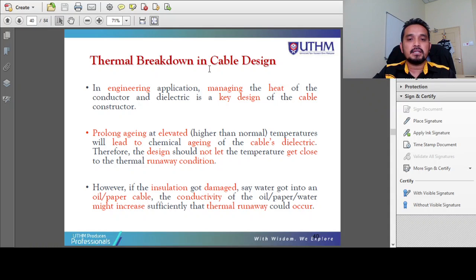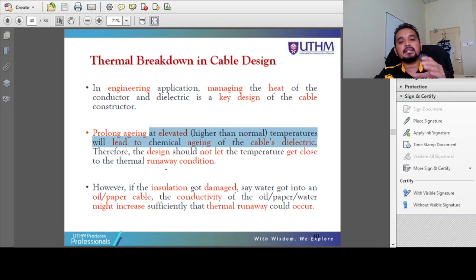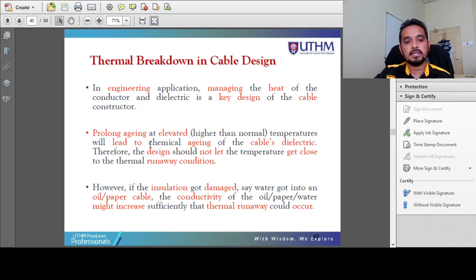Thermal breakdown in cable design. As I mentioned, prolonged aging at elevated temperature, meaning the material is constantly at a higher temperature, will lead to chemical aging, and therefore the dielectric strength will be reduced and the insulation characteristics will be diminished.